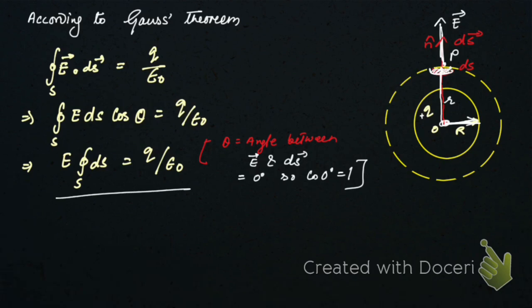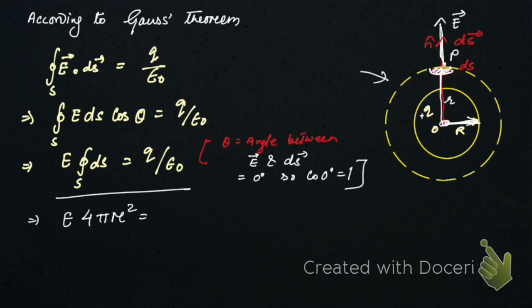Now if you integrate, that means if you find the flux through the total Gaussian surface, then you will get E times the integration of ds. We know the surface area of this Gaussian surface, which is of radius small r, is 4 pi r square.